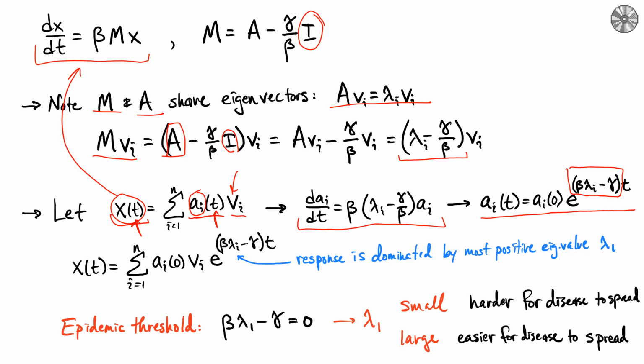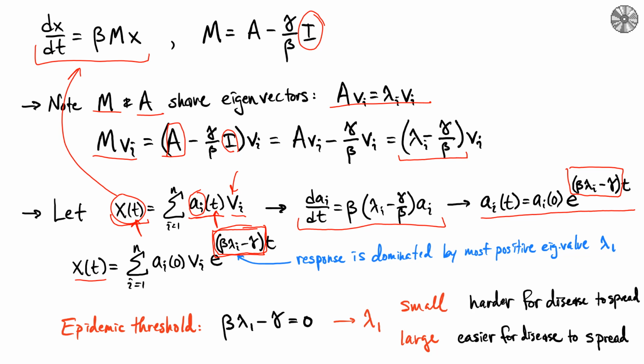And so what you're going to see here is that essentially all of these ought to be negative if we want the x state to be decreasing. In some cases, these could be positive, and effectively the most positive one, the lambda that creates the most positive exponent here, is going to be the one that dominates the solution.